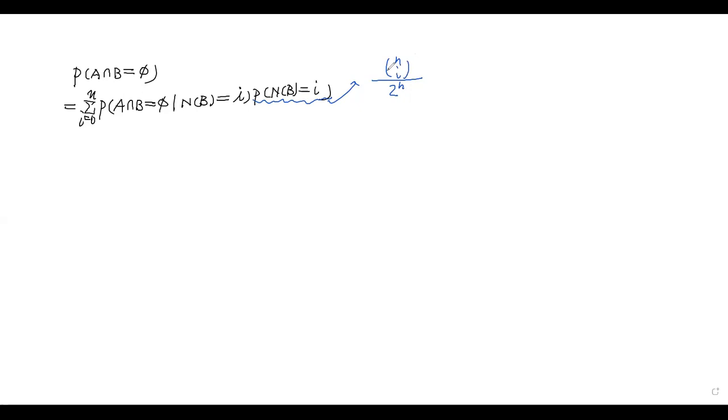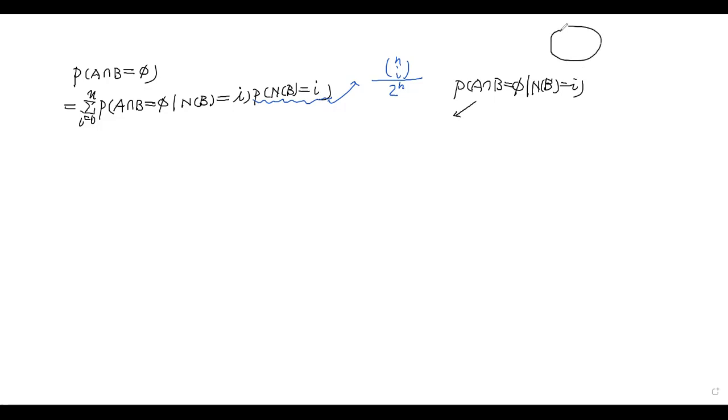Now let's do the breakdown. Let's take a look at one single case: the probability of A intersect B equal to the empty set when B has i elements.